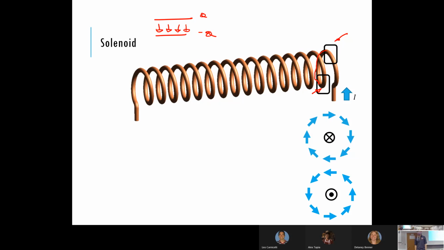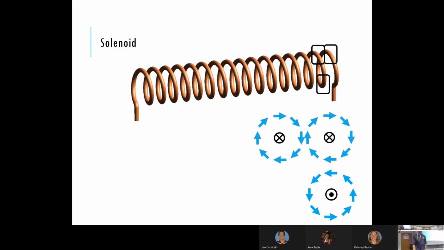But wait, there's more. Because this isn't just a current carrying loop, right? It's a current carrying spiral. Which means I can keep following it. That current comes up in the front, comes up all the way to the top, and now I get to that second top piece. So I have another location where, again, it's going into the board.